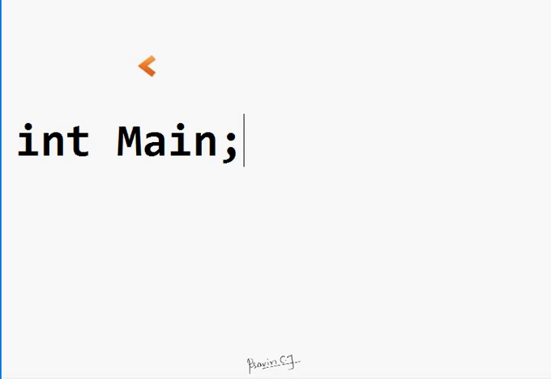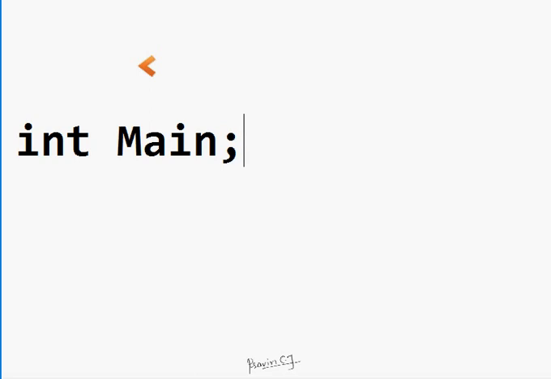The answer to this question is yes. If all are capital, then it is a possibility, because it is case sensitive. When we give a name to a variable, we are not using the camel case approach.